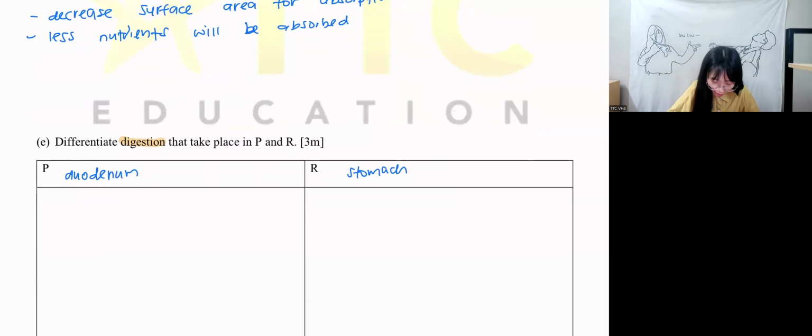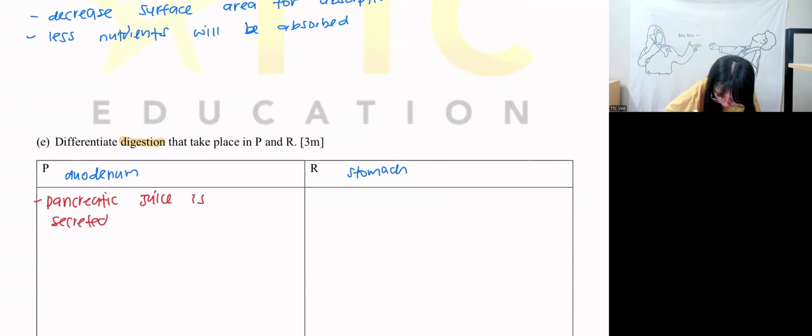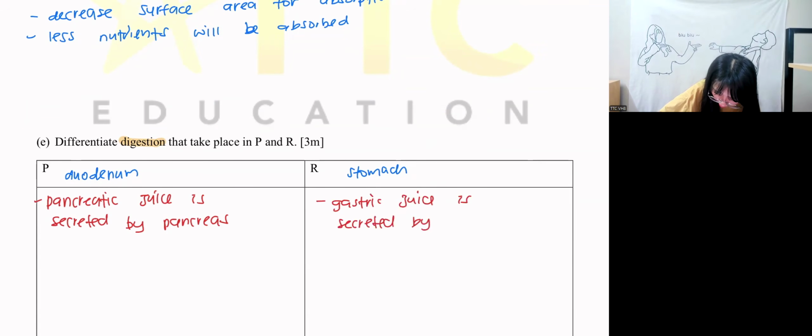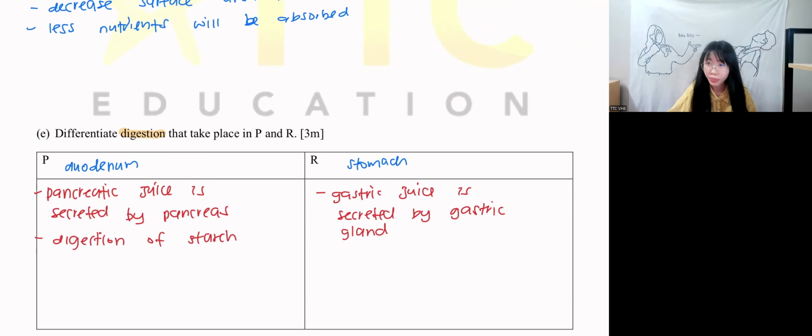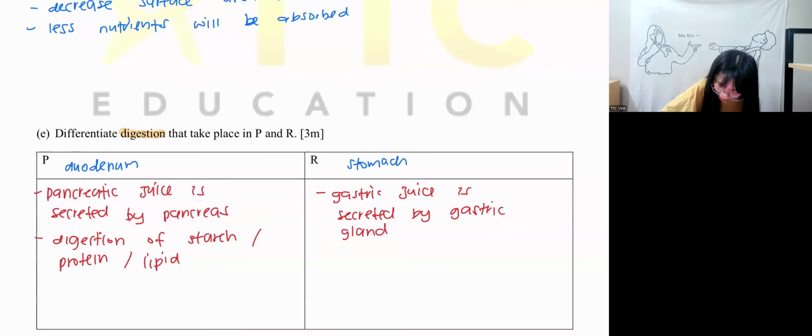So in differences, we can write: pancreatic juice is secreted by pancreas. Gastric juice is secreted by gastric gland. Next, you can say this is digestion of starch, protein, and lipid.